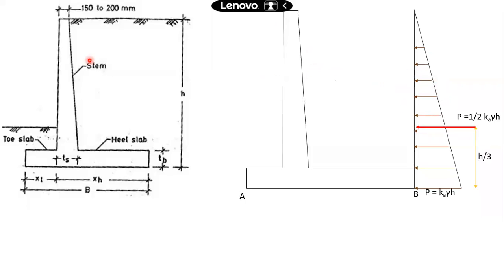If it has to maintain this backfill in a proper position, then it should be able to withstand this force. So this is the lateral earth pressure for which the stem will be designed. This is the magnitude of the resultant earth pressure, with position H by 3.